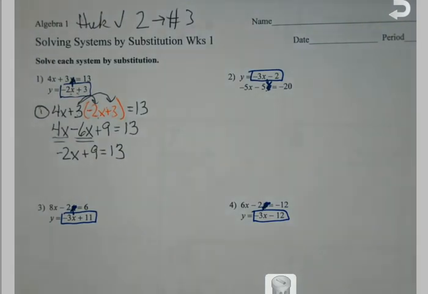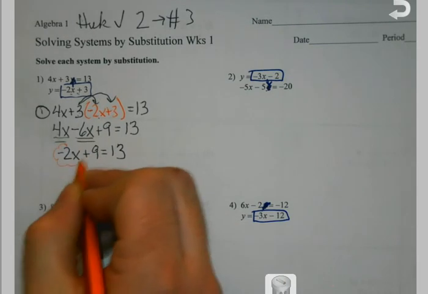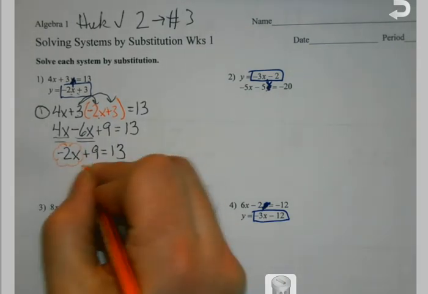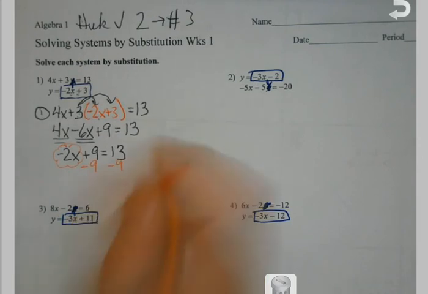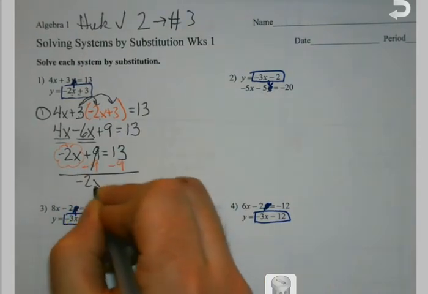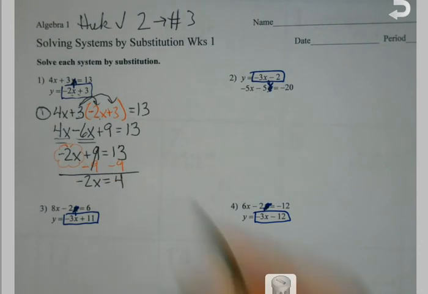And once we get that set, we're just going to go ahead and do our opposites, in order to get everything set and ready to go.